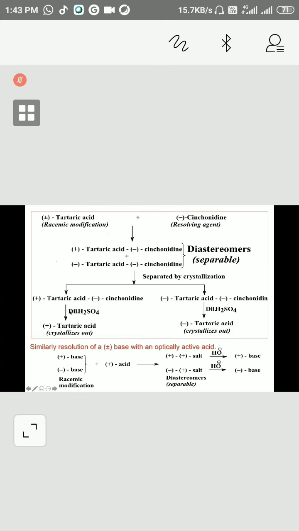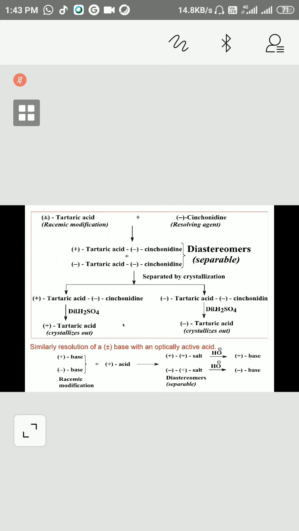When we add dilute acid, this will crystallize out. So these two can be separated very easily by using diastereomers, separable diastereomers. So this is the best method.